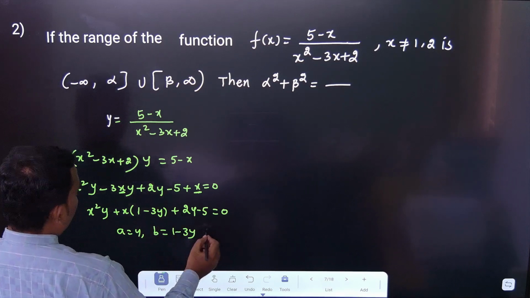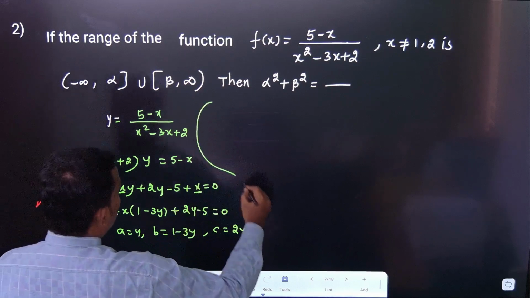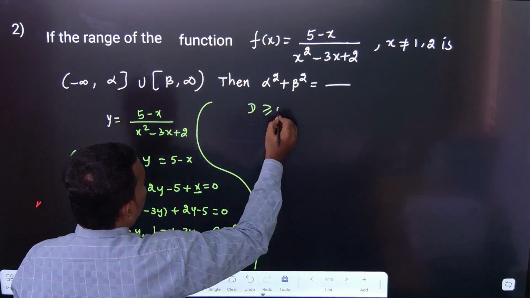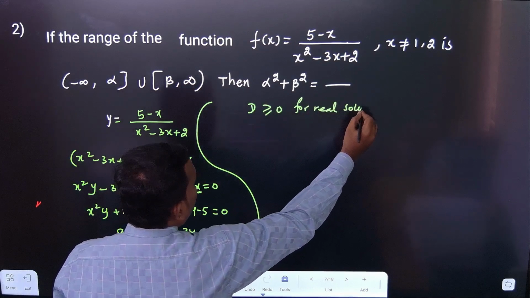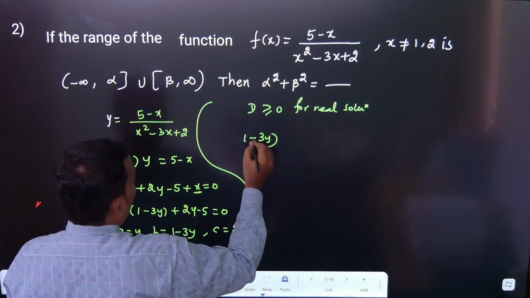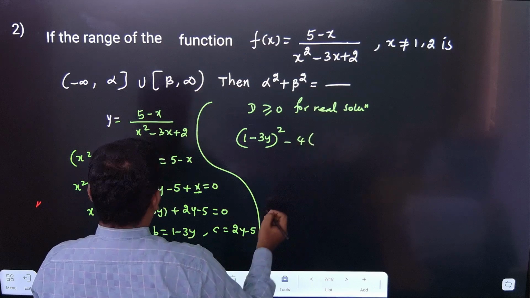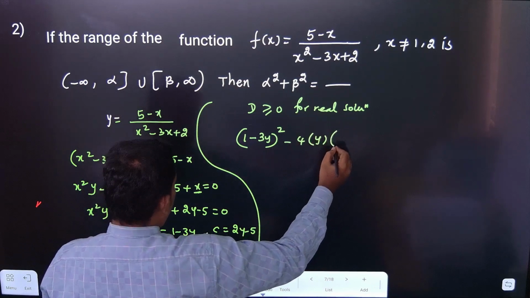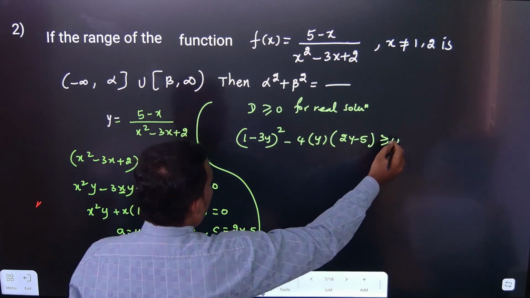And c is 2y minus 5. Then you can use the discriminant. Discriminant is greater than or equal to 0 for real solutions. So b square minus 4ac: (1 minus 3y) whole square minus 4 into a, which is y, into c, which is 2y minus 5, is greater than or equal to 0.